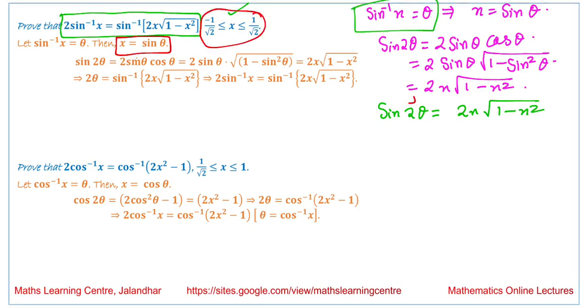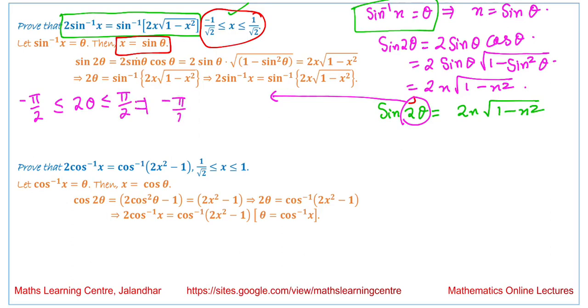Now we have to take the inverse function over here. The condition we have is that the value of 2 theta should lie in the interval minus pi by 2 to pi by 2. This implies that theta lies in the interval minus pi by 4 is less than or equal to theta is less than or equal to pi by 4. And theta is sine inverse of x.